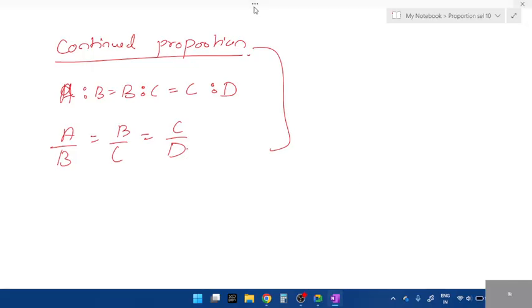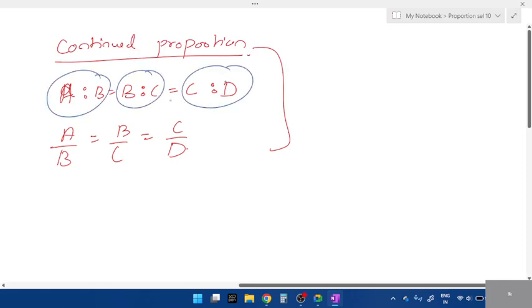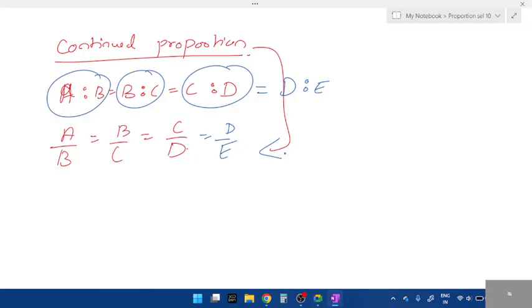I mean, proportion can be two ratios or more than two, students. Total how many ratios are here? Three ratios, right? I can write even the fourth ratio here. So proportion is basically, it can be two ratios or more than two. And if I write it like this, it is known as continuous proportion. So it can be three ratios, four or five ratios.